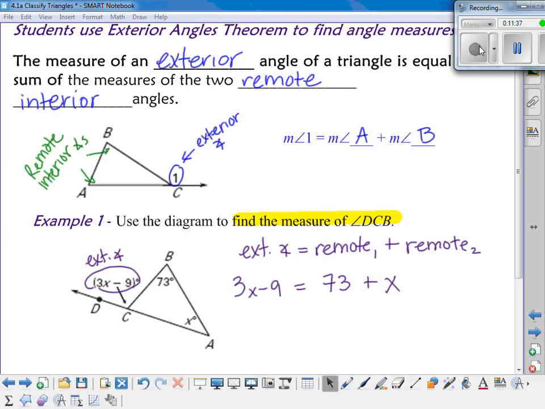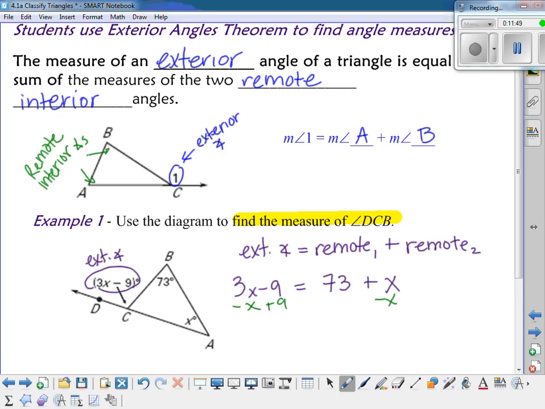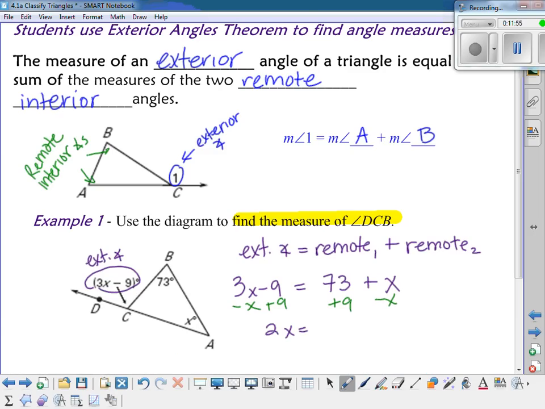I then subtract x from both sides. And I'm also going to add 9 to both sides. And so when I do that, I get that 2x is equal to 82. And so x equals 41. But I'm not done yet.